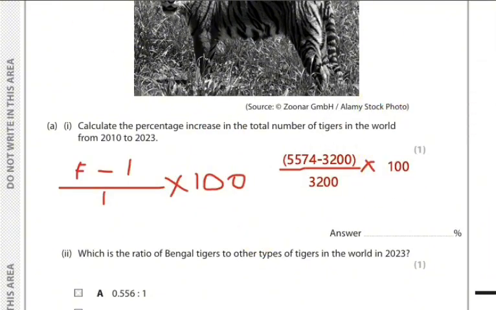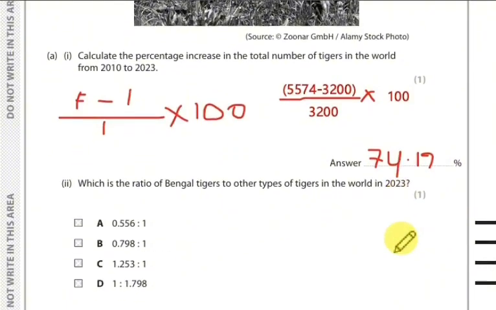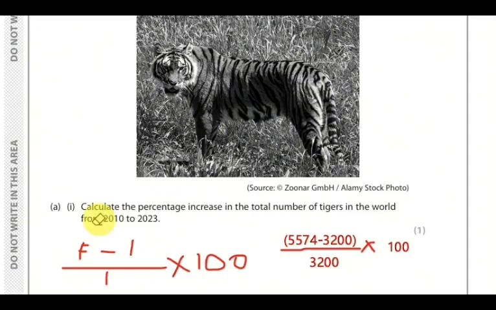The calculated value is 74.19. Here we are not given any instruction whether to write it in 1 or 2 decimal places, so we can just write the percentage that we got. So I will write 74.19. So let's move on to the next question.